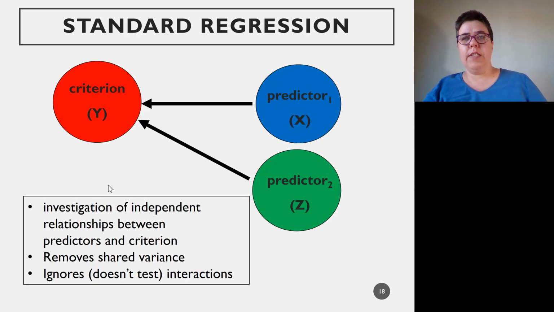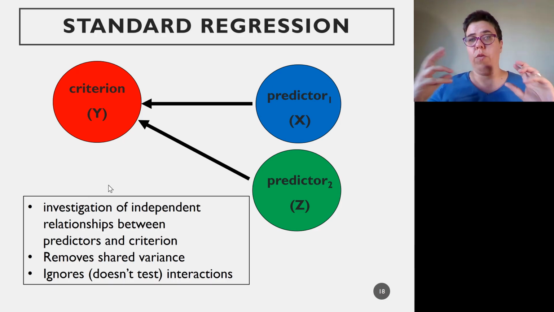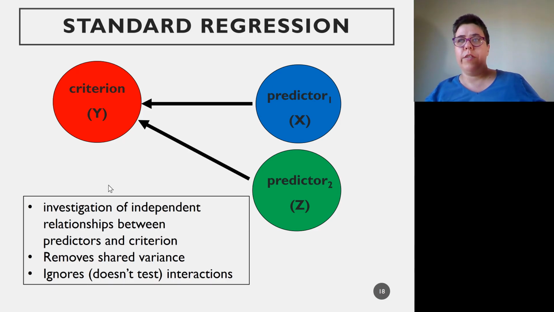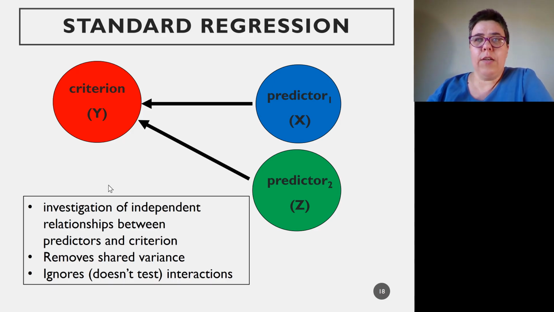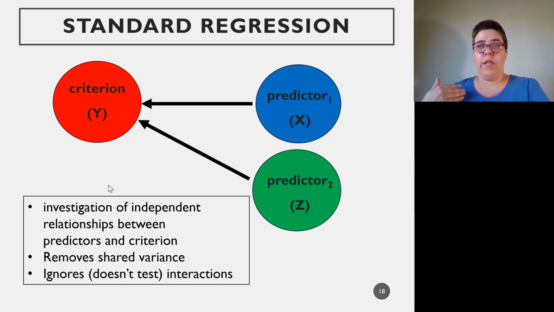If we visualize this as a series of circles that show our predictor variables, we've already talked about the standard regression model, where the predictor is associated with the DV in a linear way. In that standard regression, it removes the shared variance and it doesn't test for any interactions. Rather, it assumes that there are no interactions.